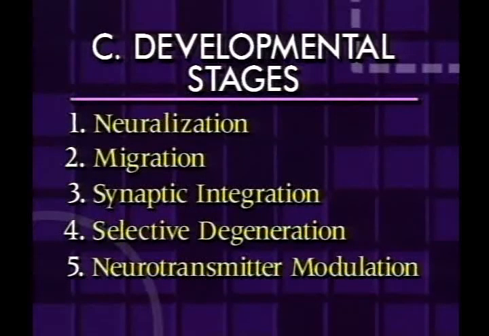Once the neurons are wired into the network, and those nerve cells that are incorrectly connected have died back, then in the final stages in adolescence, there are numerous modulations of neurotransmitters, so that by the time our brain reaches the age of 19 or 20, it has gone through an amazing sequence of developmental events.